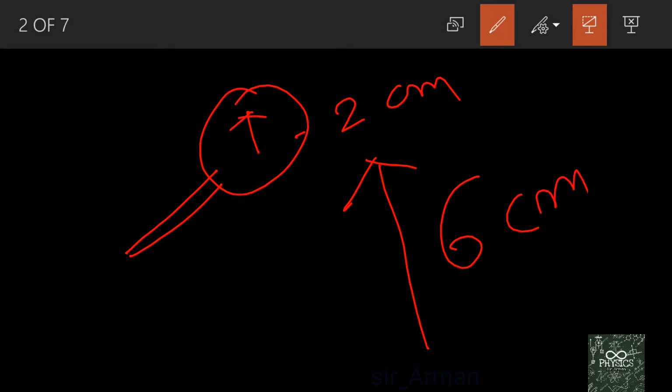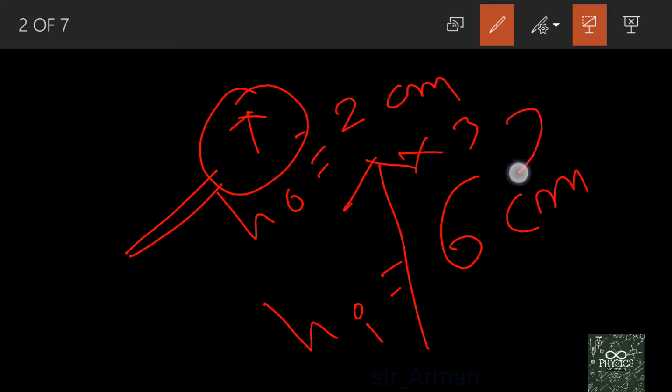So what is the original height of the object? HO, it is 2 centimeter, and the image in this magnifying glass is 6 centimeter. So directly you can say 2 into 3, 2 3s are 6, that is the image is 3 times larger compared to the size of the object.